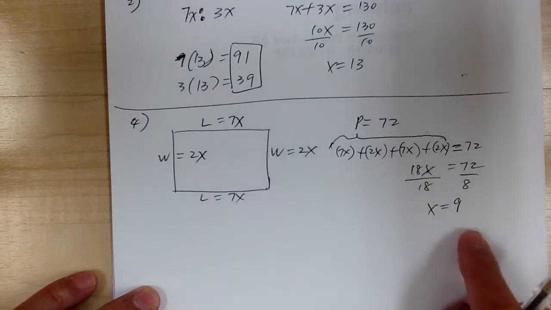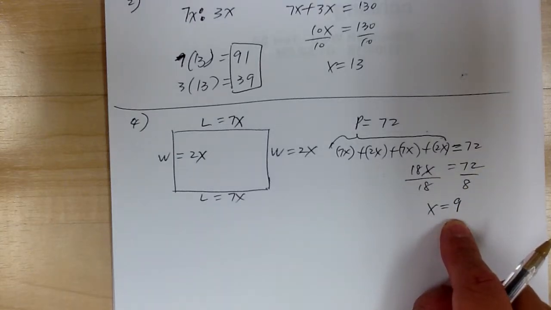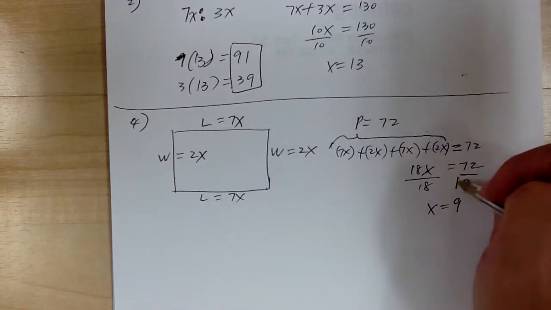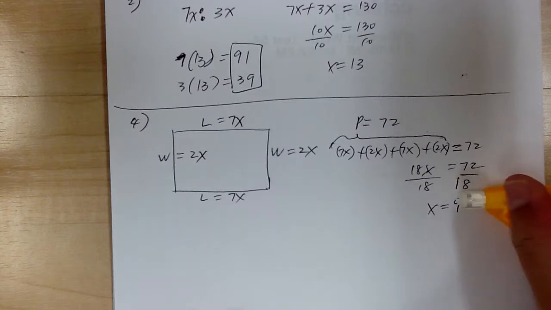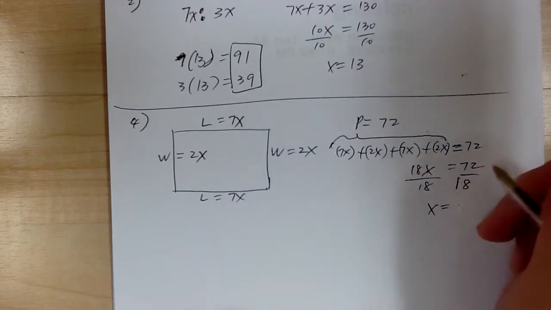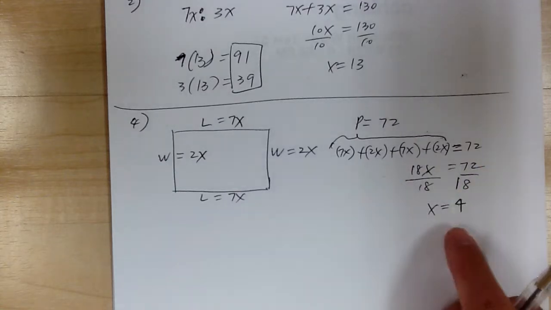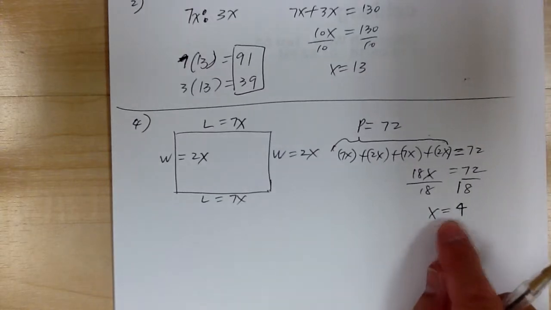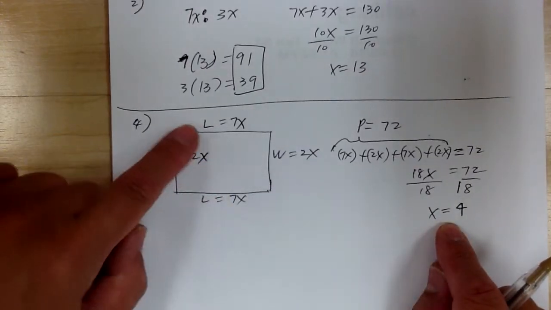The 4 is only your multiplier. It's not the answer. So you need to find the length.